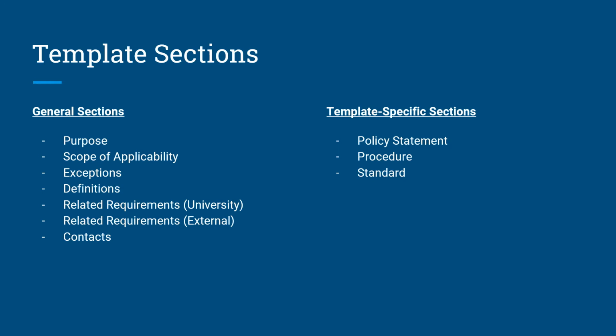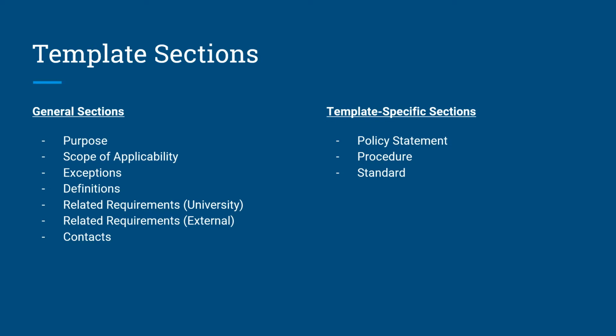The various templates are identical in many respects, with only a few key differences between them. Both university and unit templates each have sections for a purpose statement, scope of applicability, exceptions, definitions of key terms, related requirements, such as other relevant UNC policies, as well as external regulations, and a contact section.